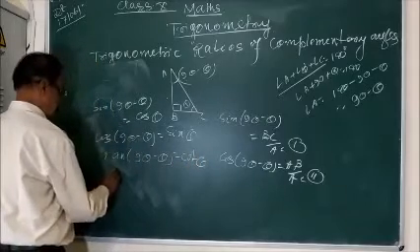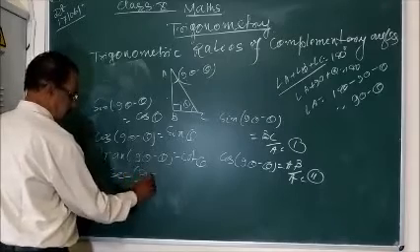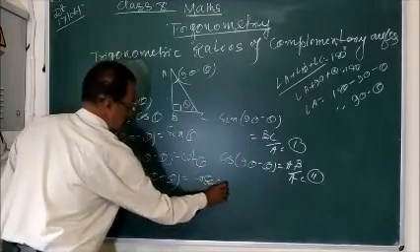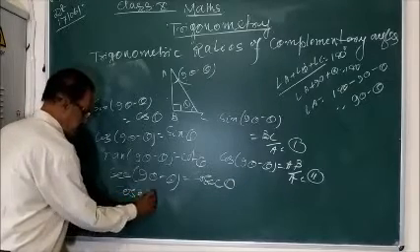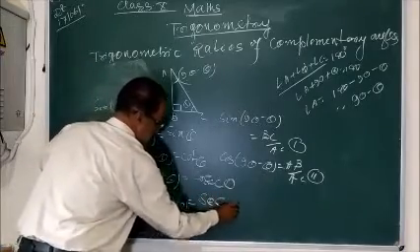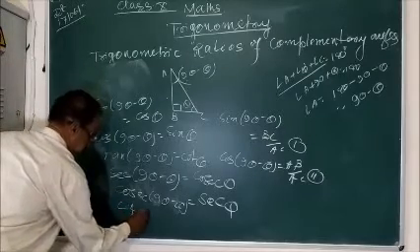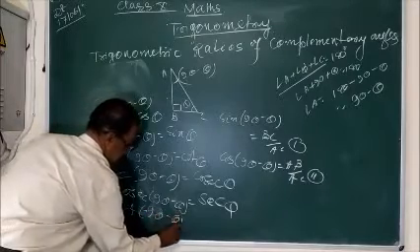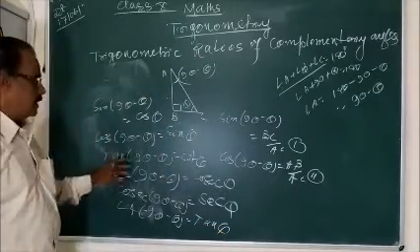And similarly, sec 90 minus theta is cosec theta, and cosec 90 minus theta is sec theta. You note down these 6, and cot 90 minus theta is equal to tan theta. So these are the 6 formulas.